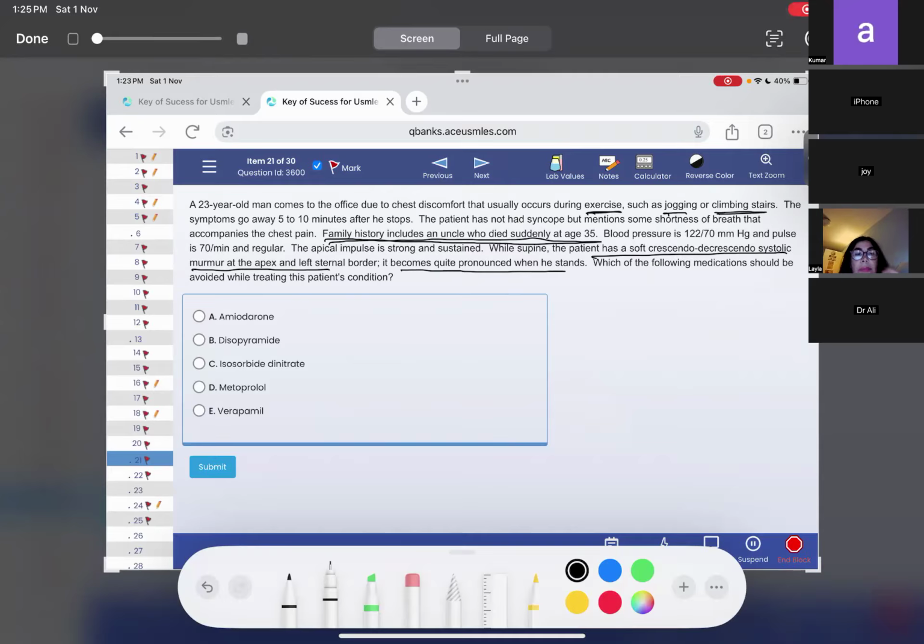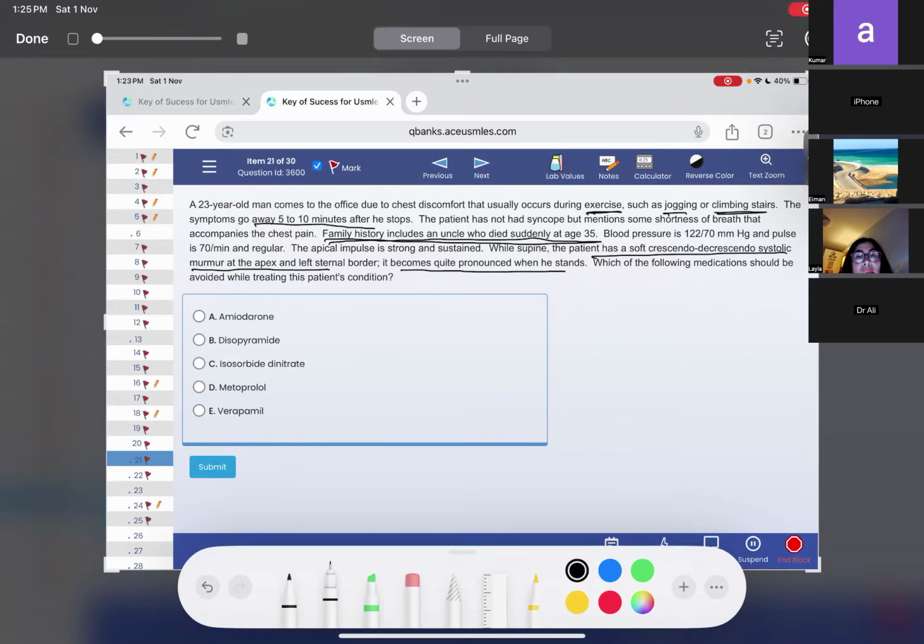We know that MI is very uncommon in younger individuals, so we should think of something else. The symptoms go away 5 to 10 minutes after he stops.